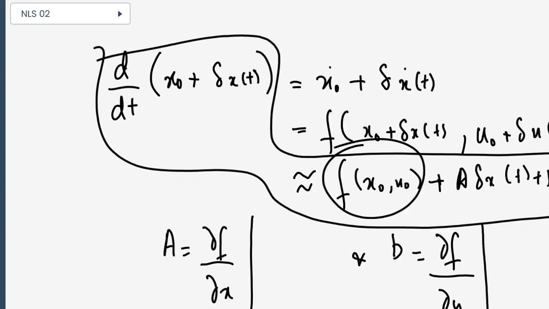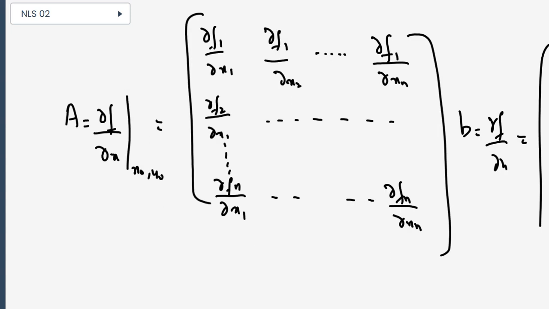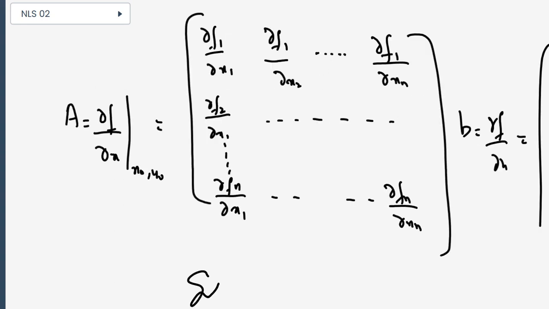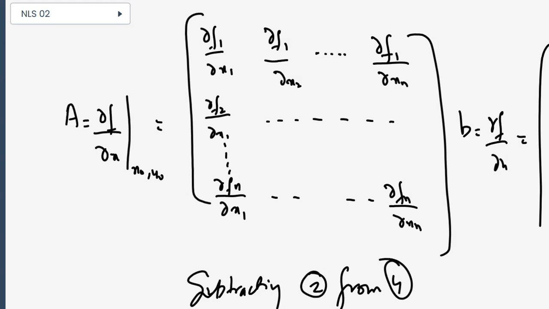So subtracting equation 2 from equation number 4, we'll be left with delta x dot(t) equal to A delta x(t) plus B delta u(t).